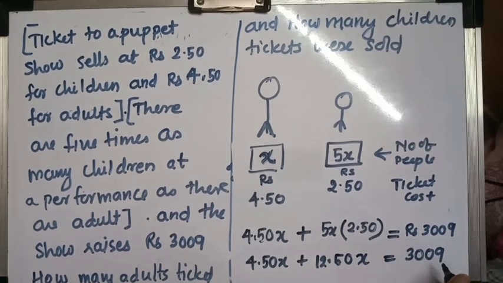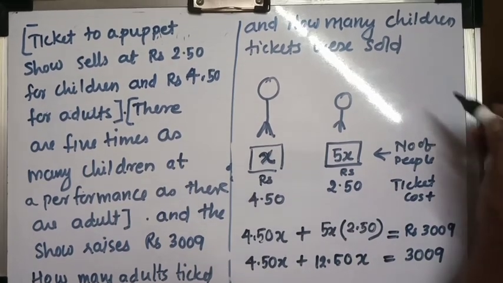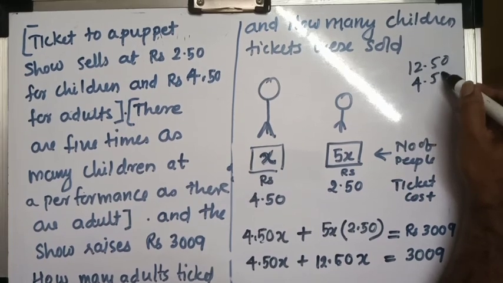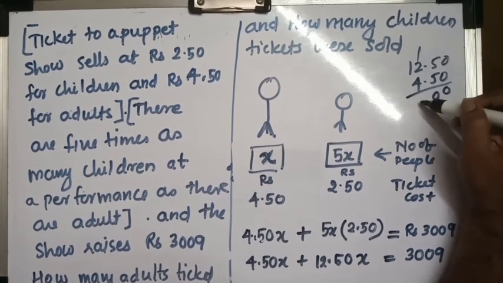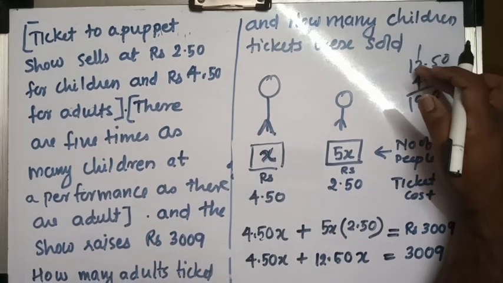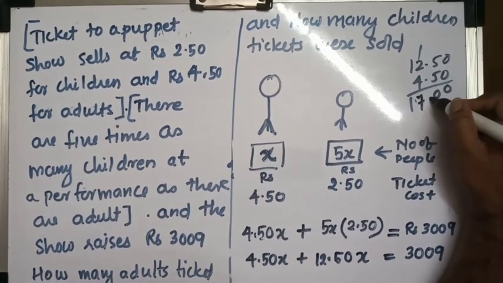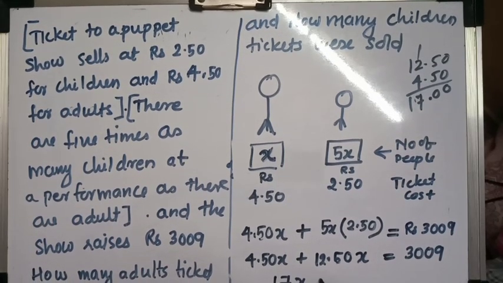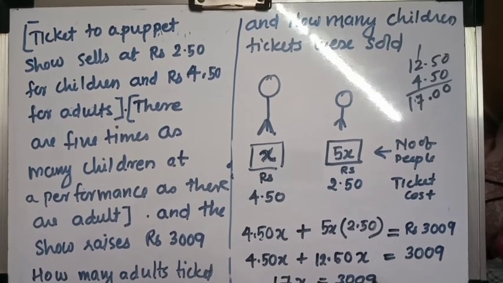Okay children, now this I'll add it up. 12.50 plus 4.50 gives me how much? 17, right? So ये amounts to 17x equals to 3009.